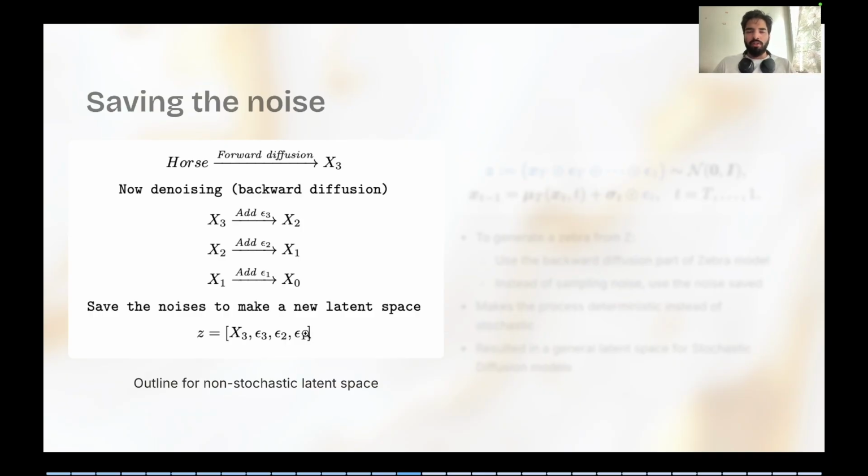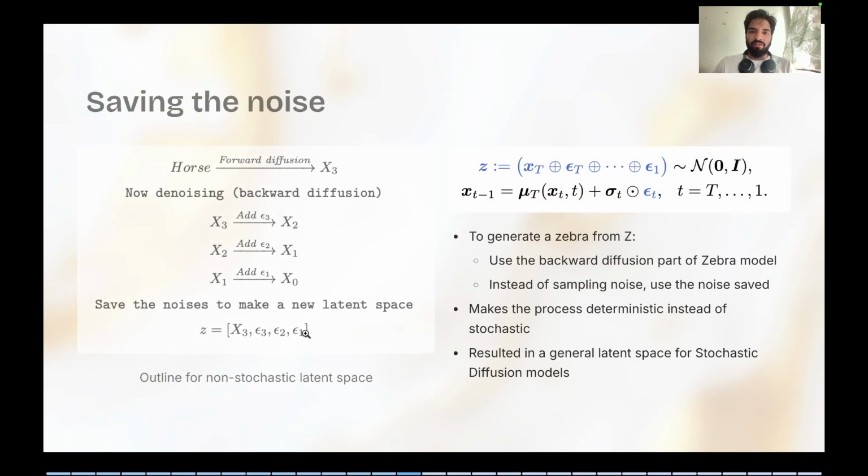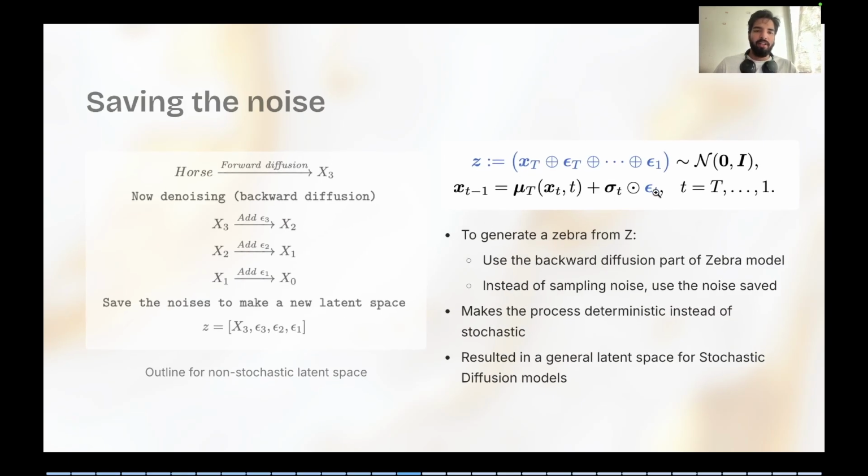So how are we going to use this for cycle diffusion? In backward diffusion, we sample epsilon t to get the denoising. But in cycle diffusion, they're saying that since you have saved everything in a vector z, you don't have to sample anything. You have everything you want in the vector z.